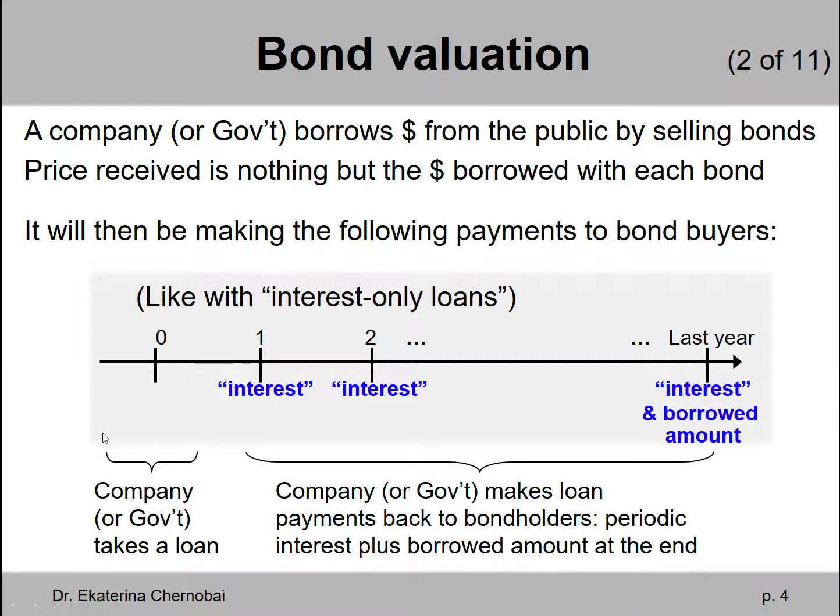And in return, kind of like with interest-only loans that were covered in the previous chapter, the corporations or the government will be paying back regular loan payments that reflect interest. It's actually more like interest-only loans. So the company or the government will be paying interest periodically, and at the very end, it will also pay the borrowed amount in one large chunk.